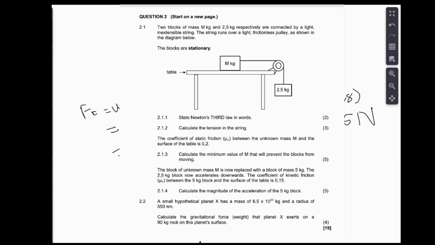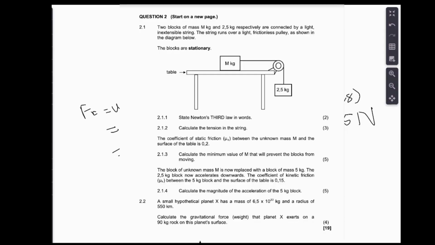Let's move over to the last question. A small hypothetical planet X has a mass of 6.5 times 10 to the 20 kgs and a radius of 550 kilometers.